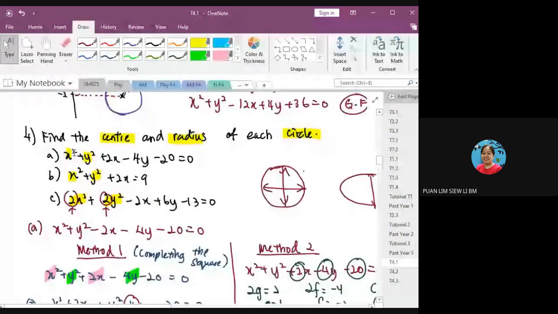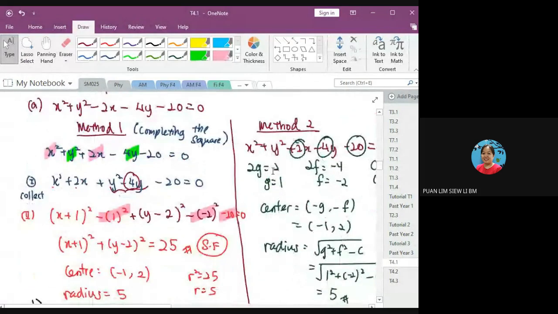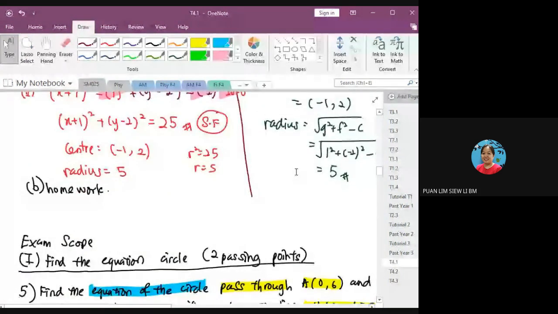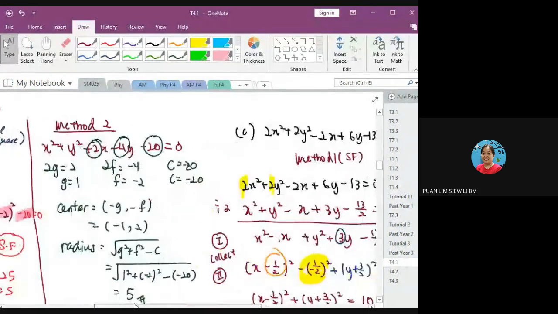Yesterday, you can see x squared plus y squared. Even those not x squared plus y squared, I said the first step you're going to simplify first. Circle, semua kerja start dengan x squared plus y squared. Baru awak kumpul-kumpul, then you're completing the square.